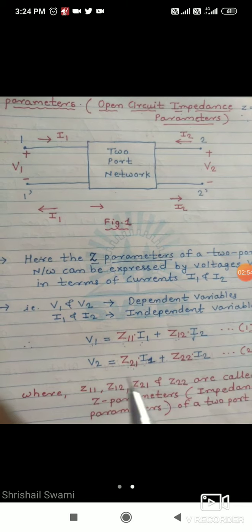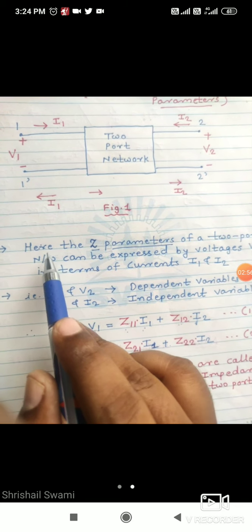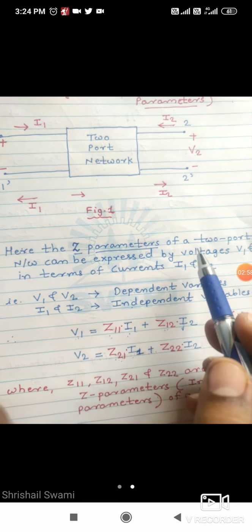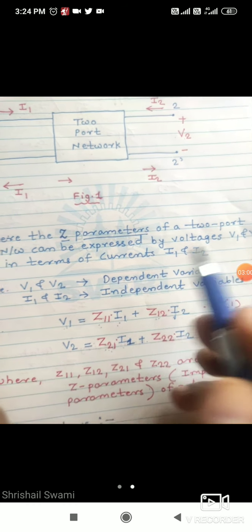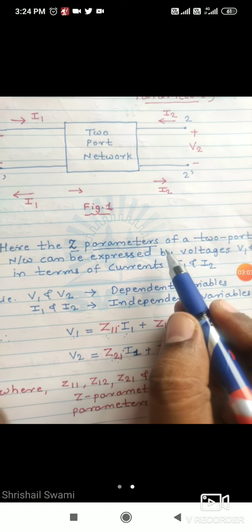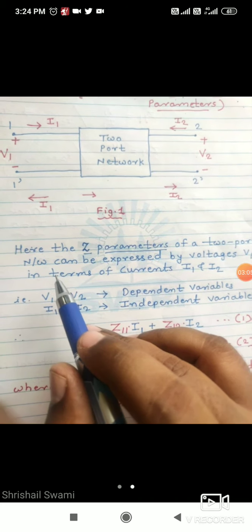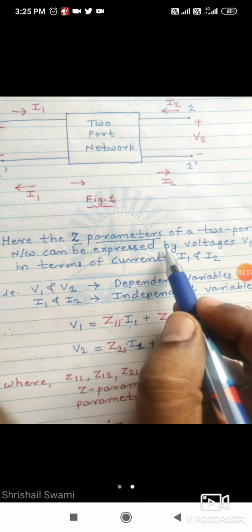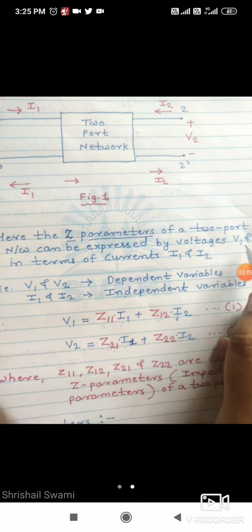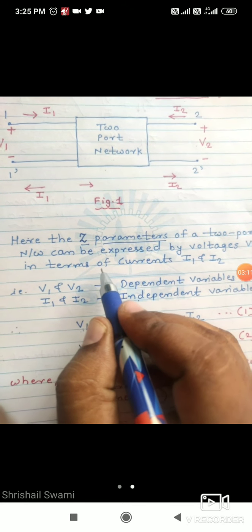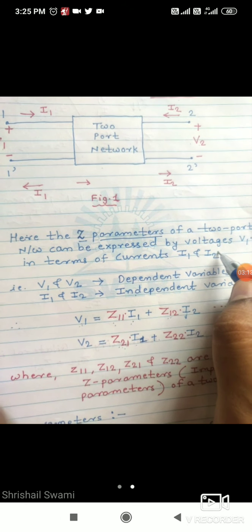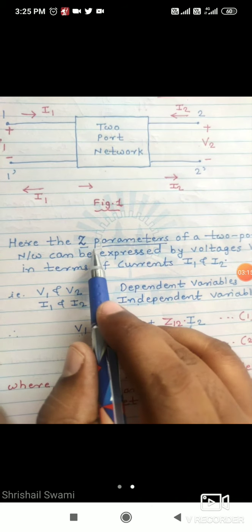Now we will start the first parameter, that is the Z parameter. Here the Z parameters of a two-port network can be expressed by voltages V1 and V2 in terms of port currents I1 and I2. So here, underline Z parameters.